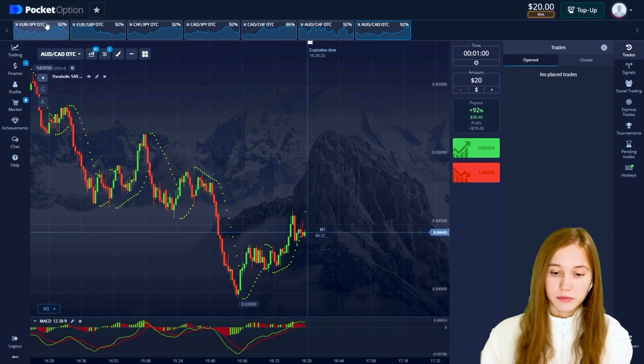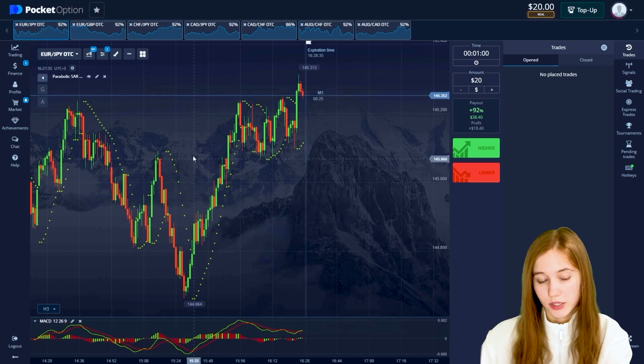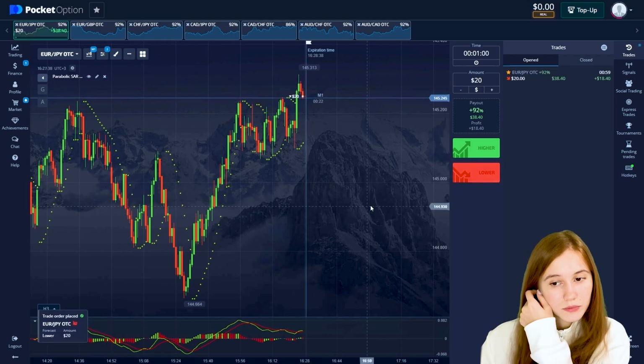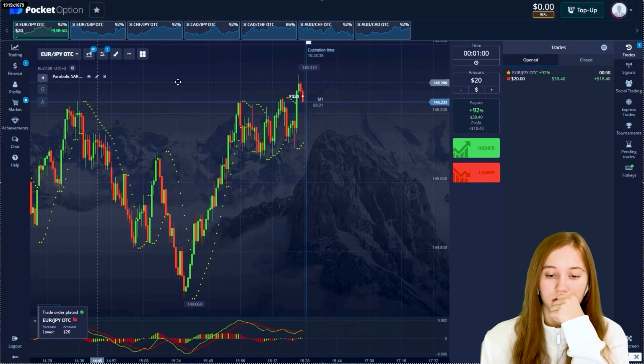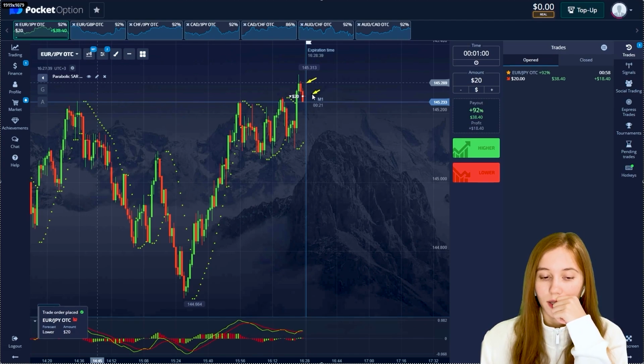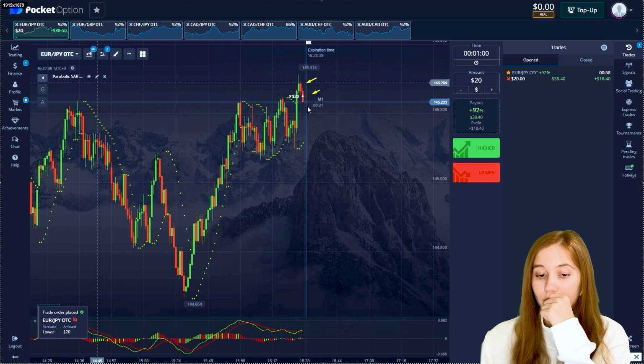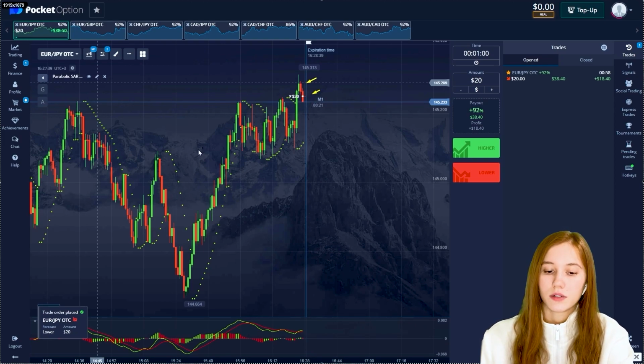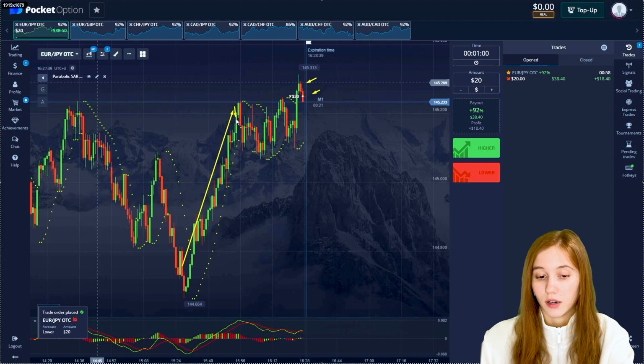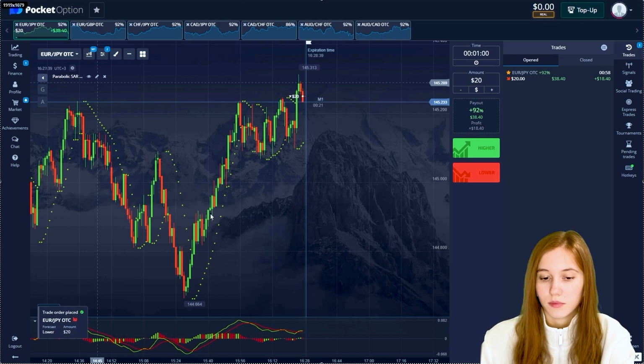So here we are. We see a drawdown. Let's open a down deal also. Two red candles. Good. It says about a downtrend. Tendency on the upper pullback, and some points in the lower positions.